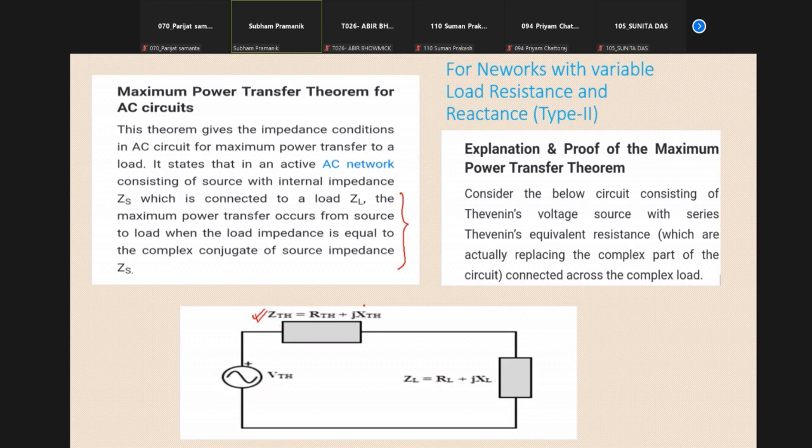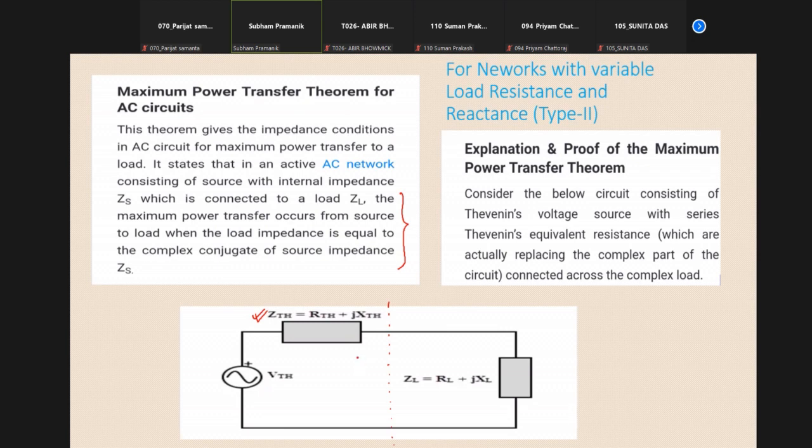I hope you understood the reason behind that, because sooner or later you need to apply Thevenin's theorem. If this is the dotted line, the right side of the dotted line is the load, and the left side can be a complex circuit.